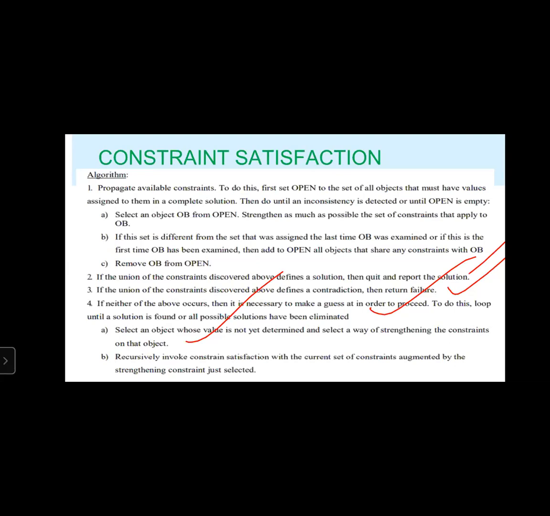Loop until a solution is found: select an object whose value is not yet determined and select a way of strengthening the constraints on the object. Recursively invoke constraint satisfaction with the current set of constraints augmented by the strengthening constraint just selected.